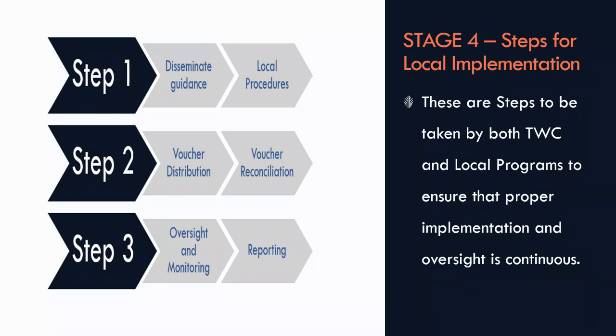The second part of the decision points is that staff is recommending that we allow local providers to create a procedure for serving non-AEL participants. We'll talk a little bit more about that as we go through the individual process map.